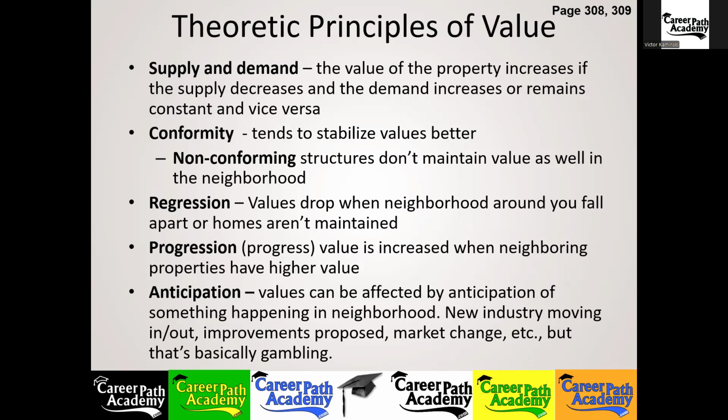It's good for yourself to show off a little bit, but having a mansion in the middle of a poor to middle class neighborhood, you're going to have a tough time selling it, because most people looking for mansions aren't going to be looking to buy them in a poor or middle class neighborhood. They're going to want them in the richer areas, right? Same thing if you have a house that does not conform to the neighborhood. It sticks out like a sore thumb.